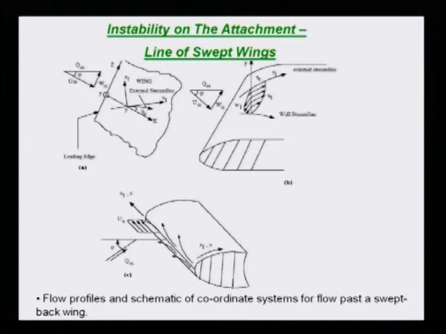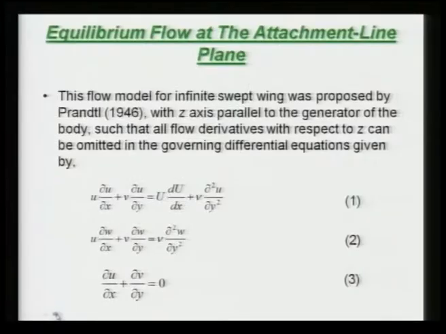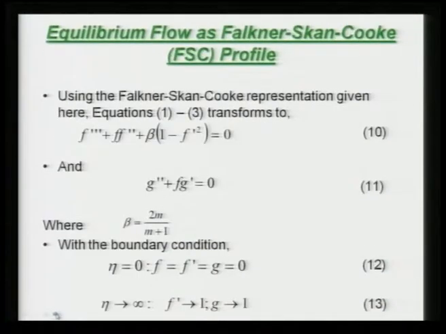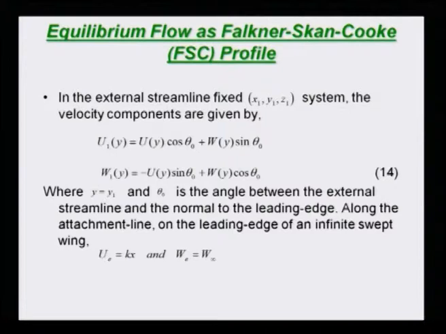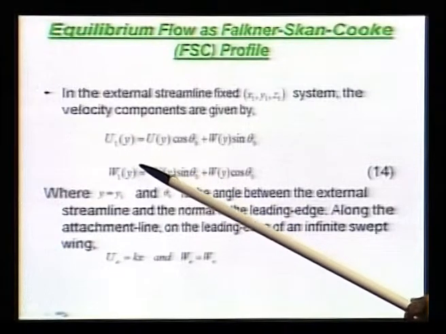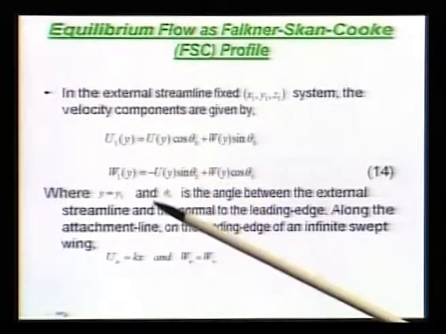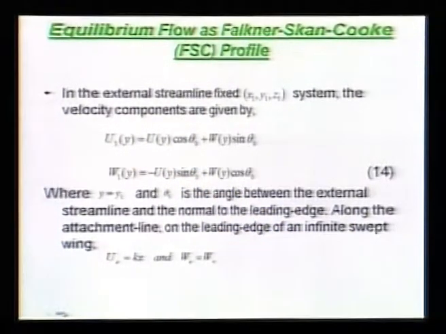I want to get it in the wing-fixed coordinate system. So, that is what we are doing here. We have obtained capital U and capital W. We know what this angle theta naught is. Then we can obtain this component in the external streamline fixed coordinate system. This is what we get.